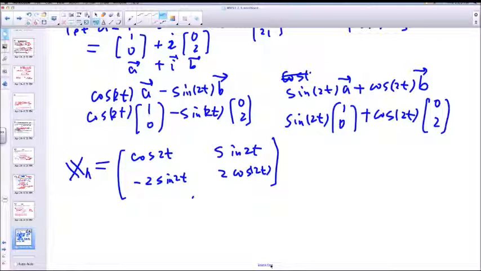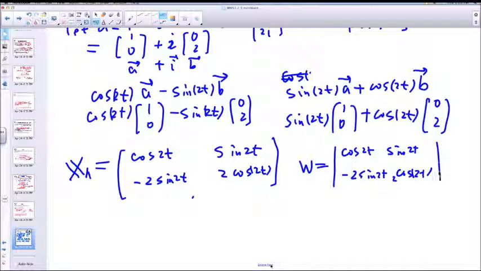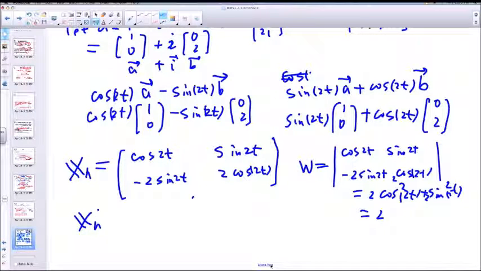And then you can see the Wronskian equals cosine 2t, sine 2t, 2 cosine 2t. Because of the Pythagorean theorem, it equals 2 cosine squared 2t plus 2 sine squared 2t, which is 2. If that's a 2, then the inverse of this equals 1/2 times something.